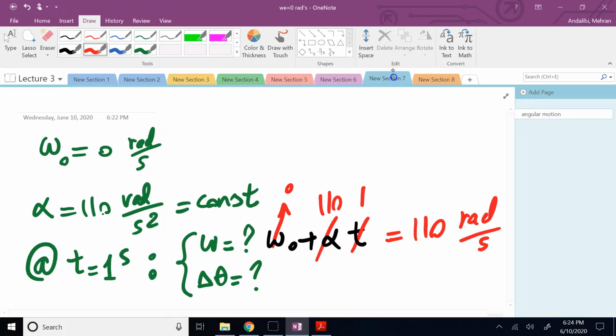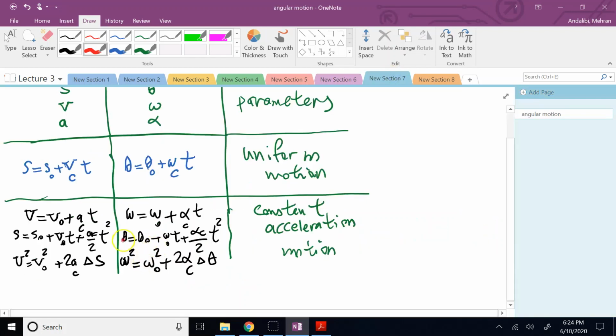Then you need to know delta theta. Delta theta, which is theta minus theta naught, you can see it here or here. So now it does not matter which one you are using. Why? Because if you use the second one, you have t in it, which you know. The third one needs omega, but omega you just calculated. So now you can use either one. It does not matter.